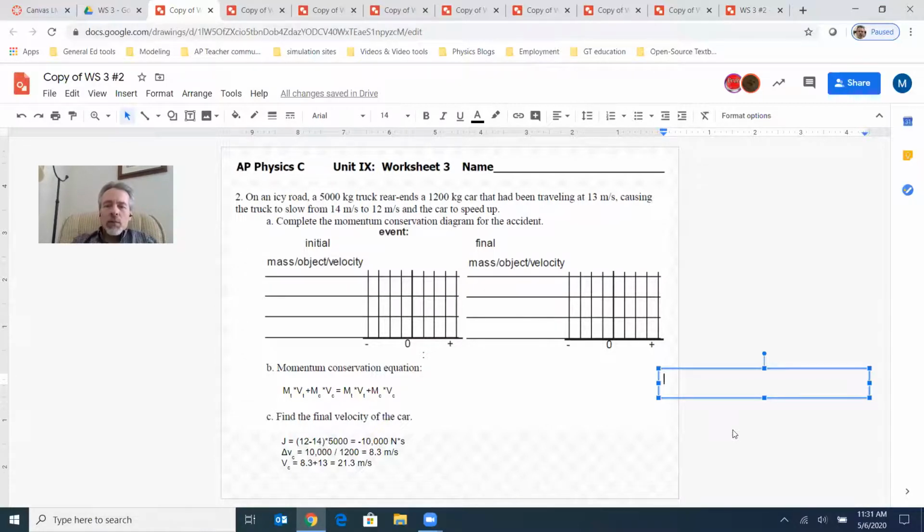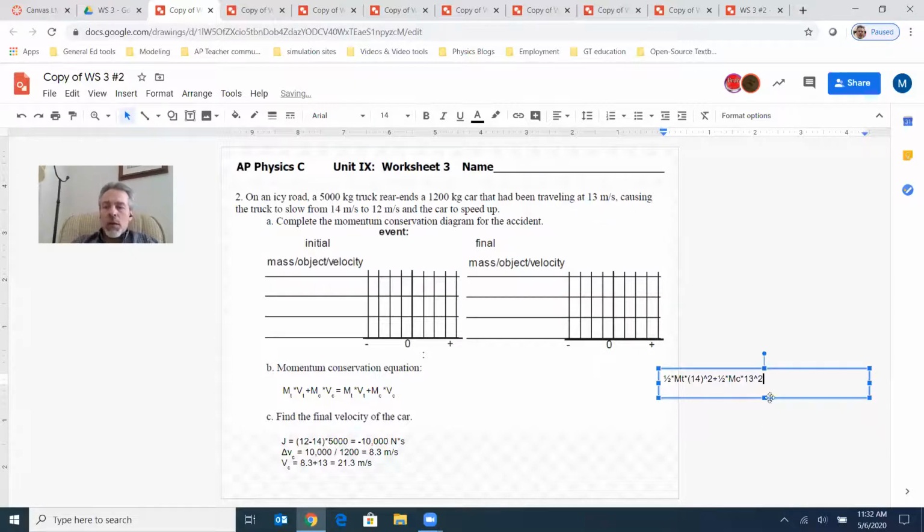So I'm looking at 1/2 times the mass of the truck, so I'll put MT, times the initial velocity of the truck, and that was 14 squared, plus 1/2 the mass of the car times the initial velocity of the car, which was 13 squared.